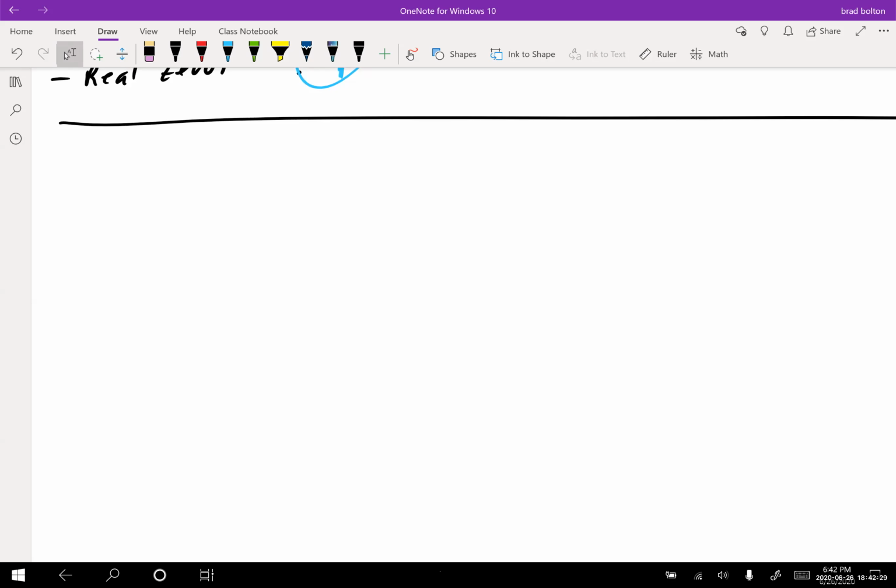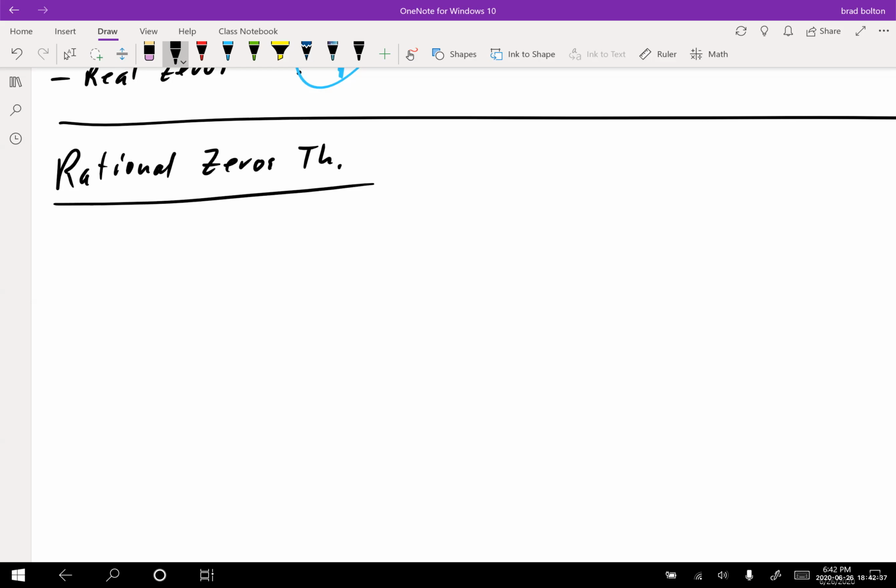So then we have the rational zeros theorem. Okay, and the rational zeros theorem says if f of x is equal to this polynomial, so this is how I showed you guys in the beginning how we can write a standard form of a polynomial, where a sub n cannot equal 0, and a sub 0 cannot equal 0.